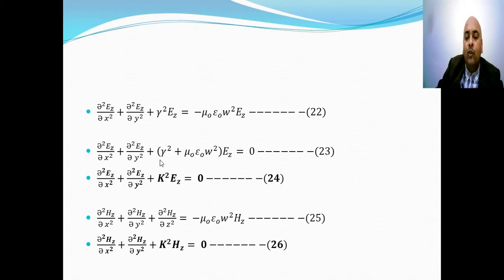So we can assume that this is a constant. After putting this, we obtain that ∂²Ez/∂x² plus ∂²Ez/∂y² plus k square into Ez is equal to 0. And similarly we obtain the wave equation for magnetic field.